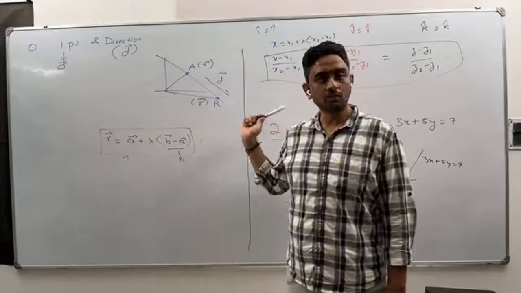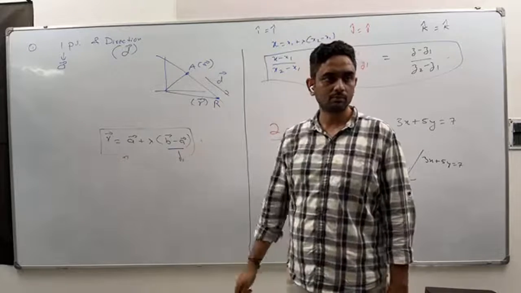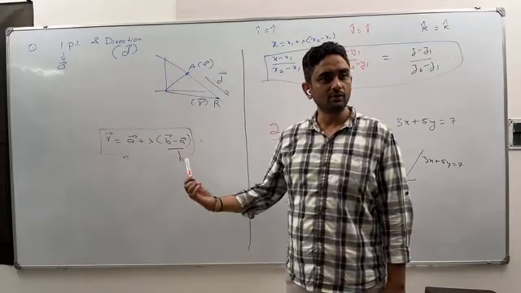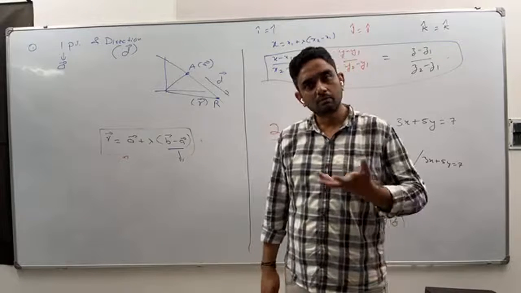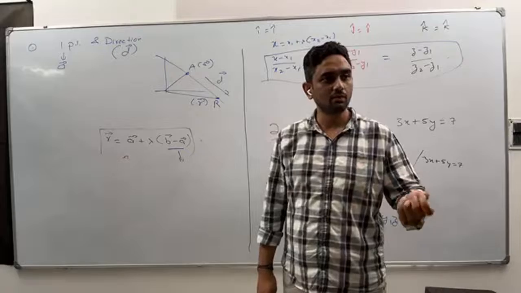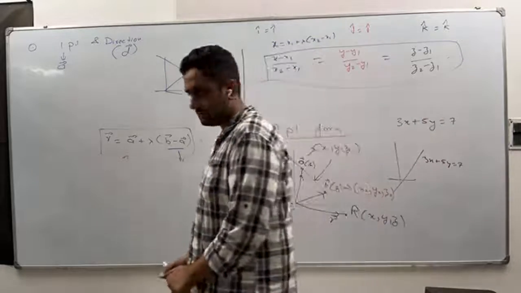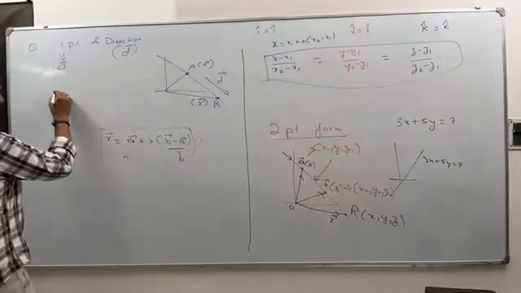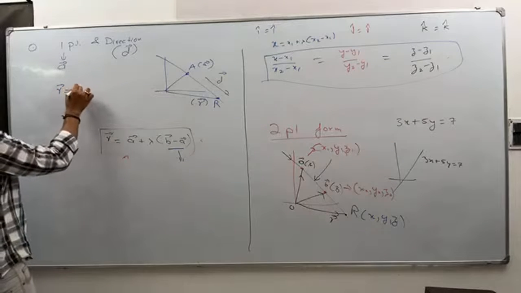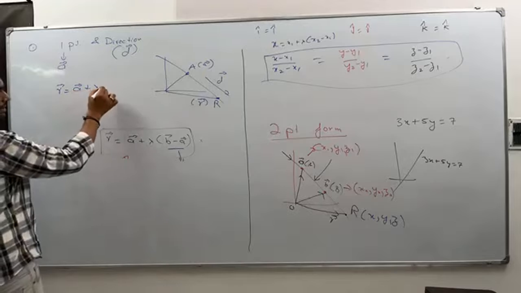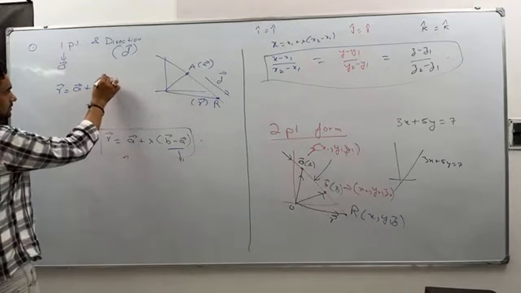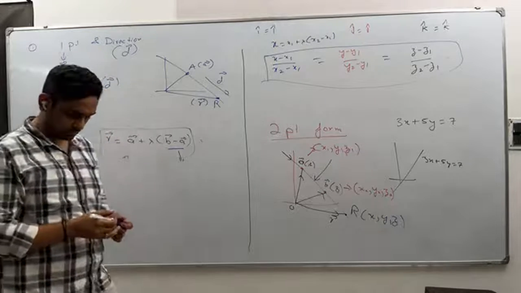Now in the previous case, what was the direction of the line? We'll just put D as B minus A. That's it, because the idea is the same, right? The equation of the line will be R equal to A plus lambda D. That's it.